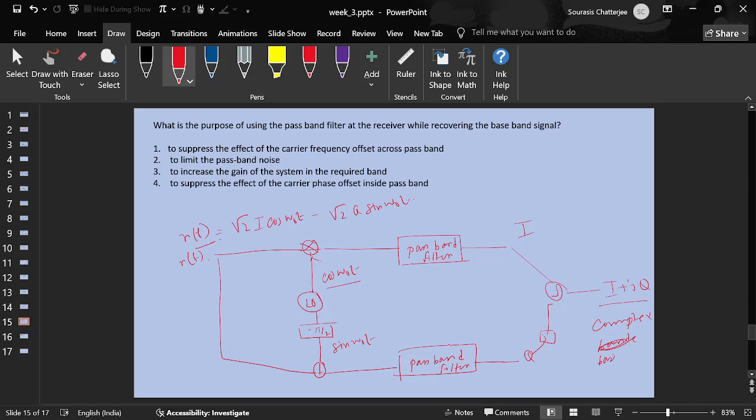So now you tell me what is the answer for passband filter, what is it exactly doing? It is basically recovering the in phase and quadrature components, right? So actually none of these options are correct.